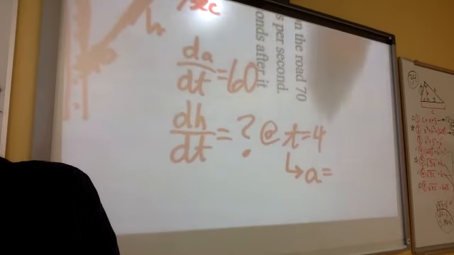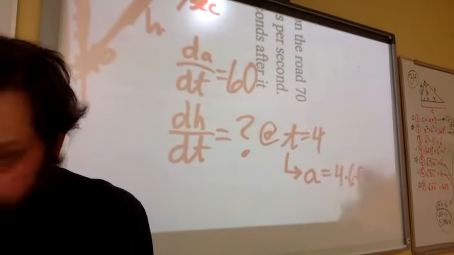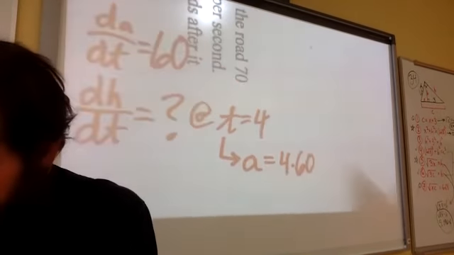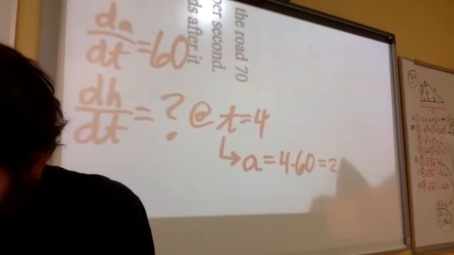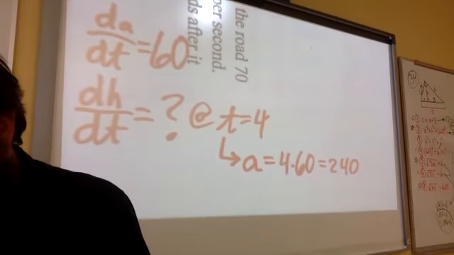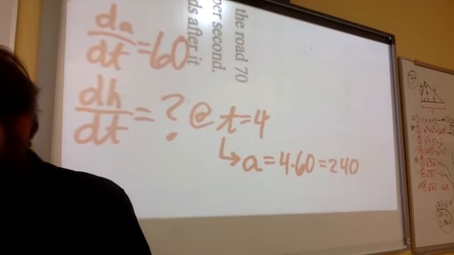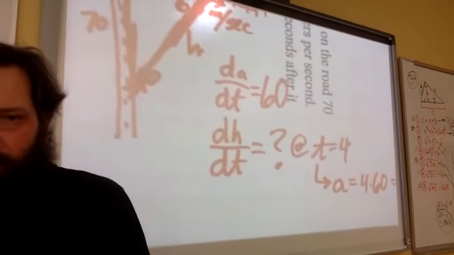So after 1,000, 2,000, 3,000, 4,000, it went 60, 60, 60, 60. Does that make sense? That's a constant. So that's 4 times 60, which is 240. Okay. That's what I said. I think that's all I'm gonna do for that one. Sorry, it went sideways.